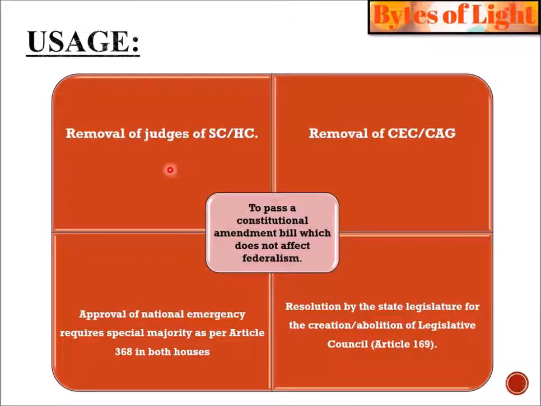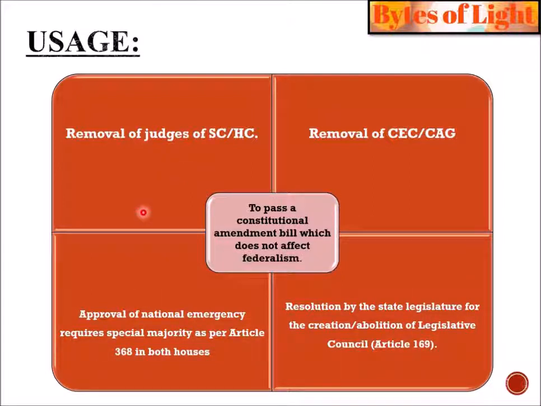These include removal of judges of Supreme Court or High Court, removal of Chief Election Commissioner or CEC or Comptroller and Auditor General or CAG, or resolution by the state legislatures for the creation or abolition of Legislative Council, that is according to Article 169, and approval of national emergency requires special majority as per Article 368 in both the houses. So this is about the usage of special majority with respect to the second category and Article 368.